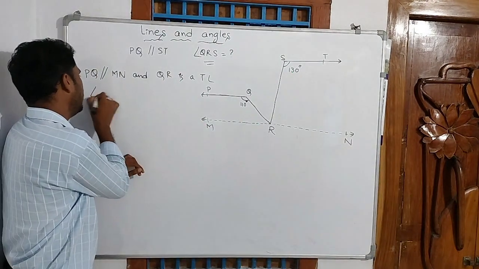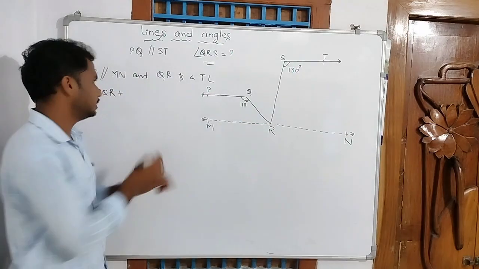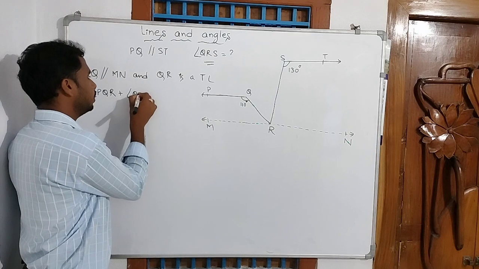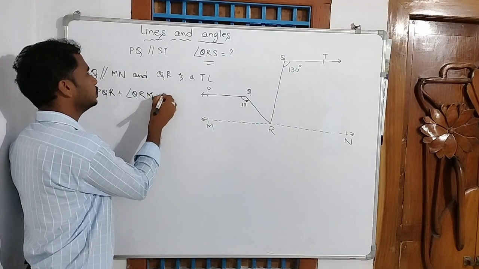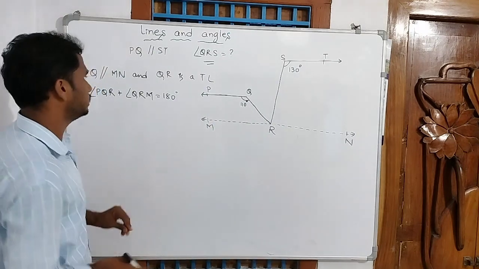That means angle PQR plus angle QRM is equal to 180 degrees. We know the sum of co-interior angles is 180 degrees.